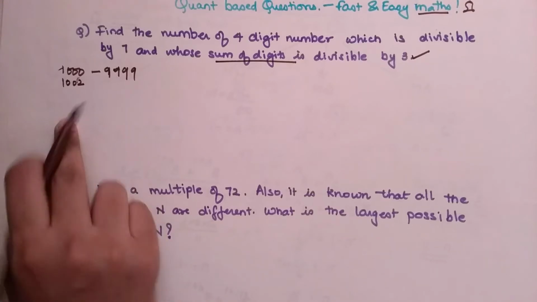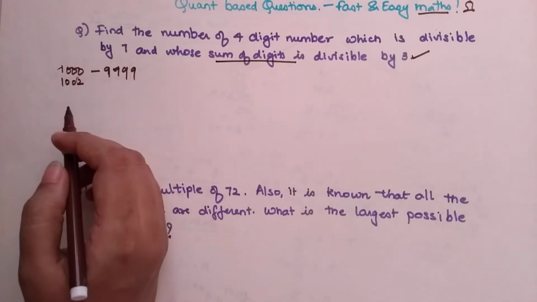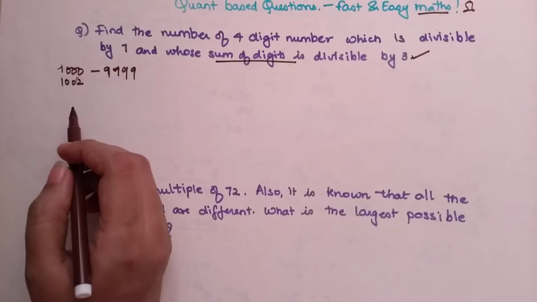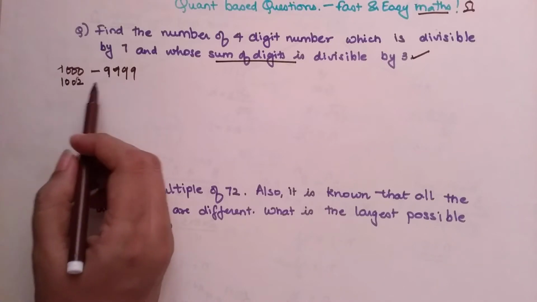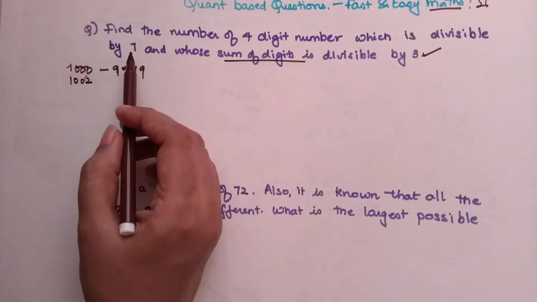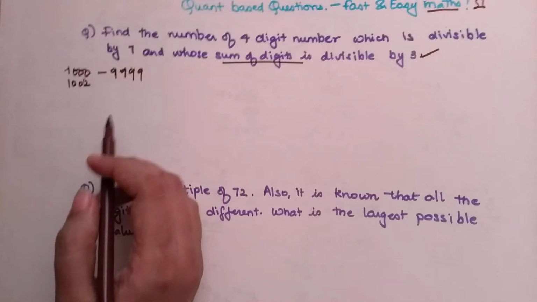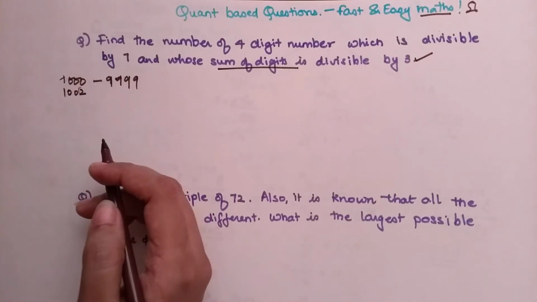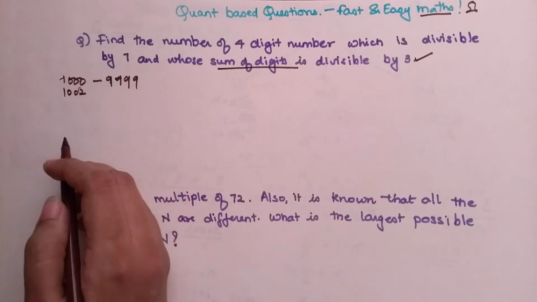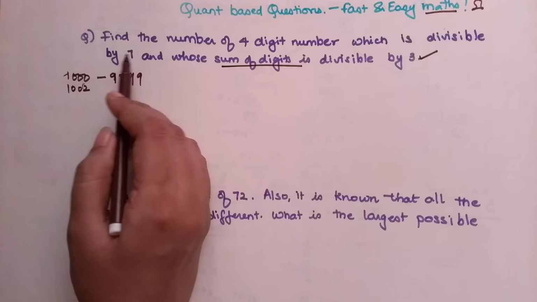Now let's see, 1003 is not divisible by 3. 1004 is not divisible by 3 either, but when you check it for the divisibility test of 7, the last digit is 4, so doubling it gets you 8, and you subtract 8 from 100, you get 92, so that is again not divisible by 7.